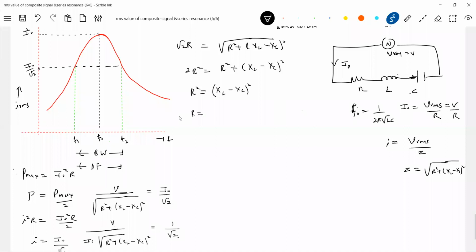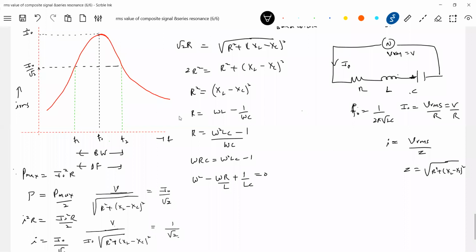XL is omega L and XC is 1 by omega C, so R equals omega L minus 1 by omega C. Let's solve this. We'll get a quadratic equation: omega square minus omega R by L plus 1 by LC, all set equal to 0.